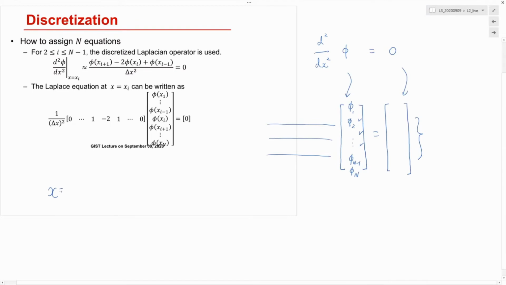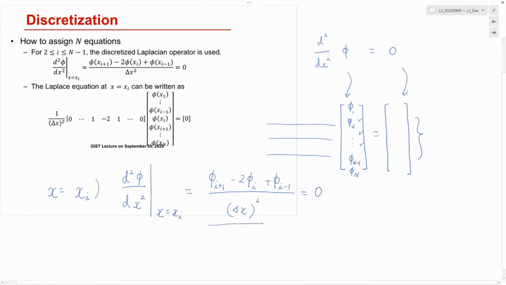When x equals xi, we can evaluate the Laplace equation at that position. Then, as you know, it becomes just this number, and phi i plus 1 minus 2 times phi i plus phi i minus 1 equals 0.